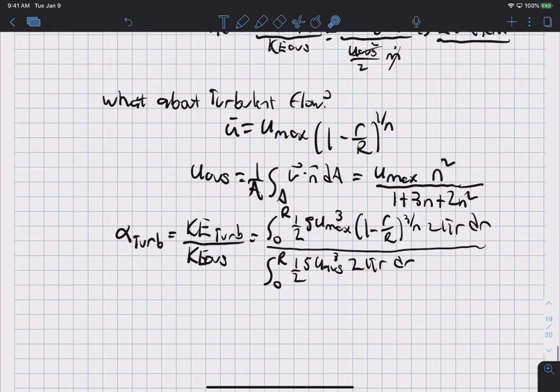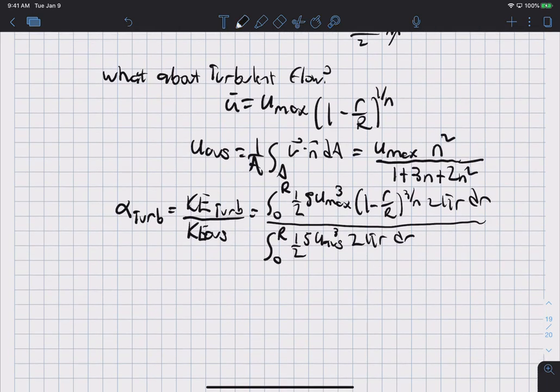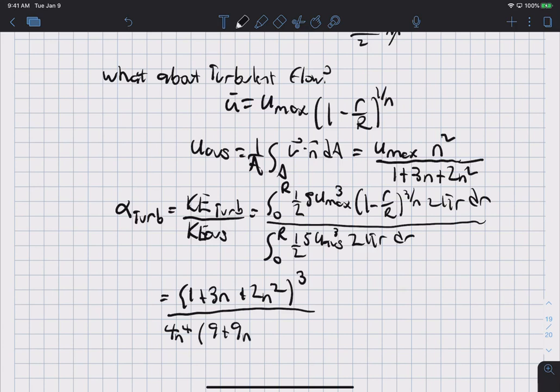If you do the math and don't make a mistake like I did a couple of times, this equals (1 plus 3n plus 2n squared) quantity cubed over 4n to the 4th times (9 plus 9n plus 2n squared).